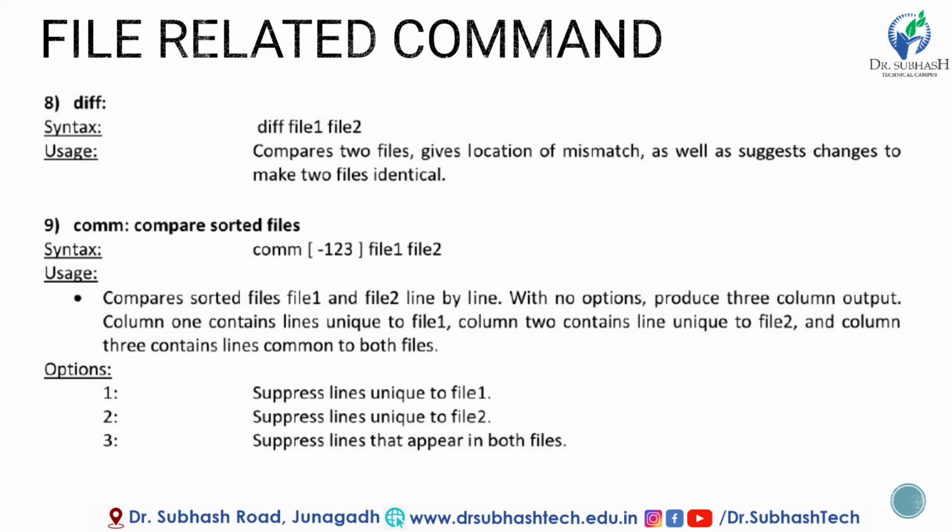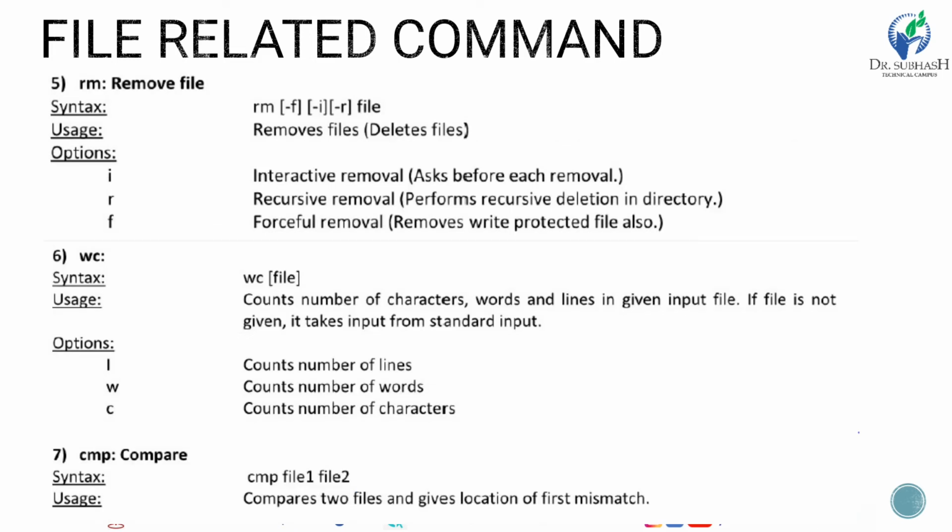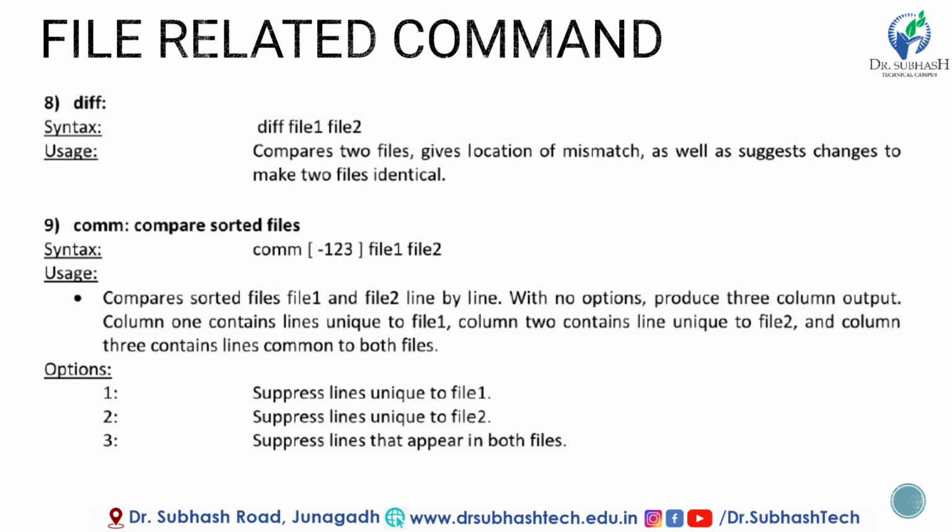Its usage is to compare two files and give the location of mismatch as well as suggest changes to make the two files identical. Difference એટલે compare કરશે, mismatchનું જે લોકેશન એ પણ, which is the extra functionality, it suggests changes to make the two files identical. તો આપણે બે આઇડેન્ટિકલ ફાઇલને સેમ બનાવી છે તો શું ચેન્જેસ કરવા છે એ પણ provide કરે છે.